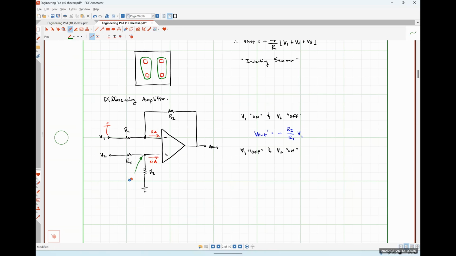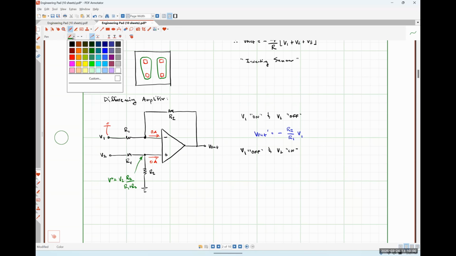So V2 multiplied by R2 over R1 plus R2, okay? So if I treat this whole effective network as my source, what kind of amplifier do I have now? A non-inverting amplifier, right?